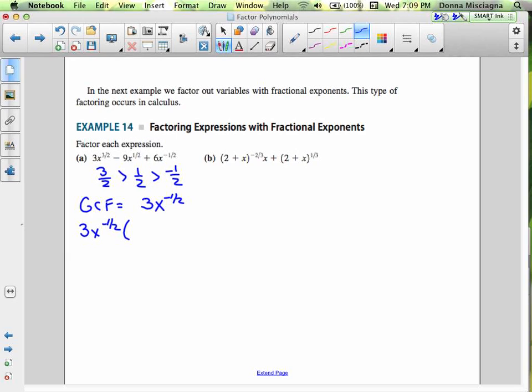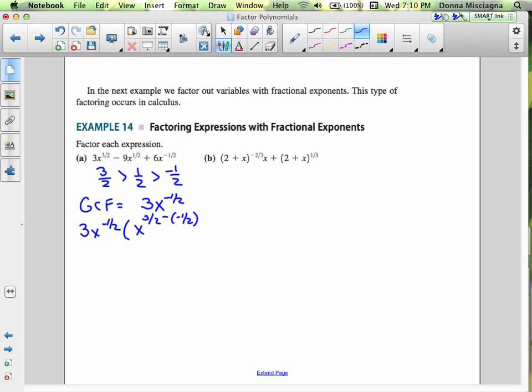So 3 divided by 3 is 1. x to the 3 halves divided by x to the negative 1 half would be x to the 3 halves minus negative 1 half. We're subtracting the exponents to divide.